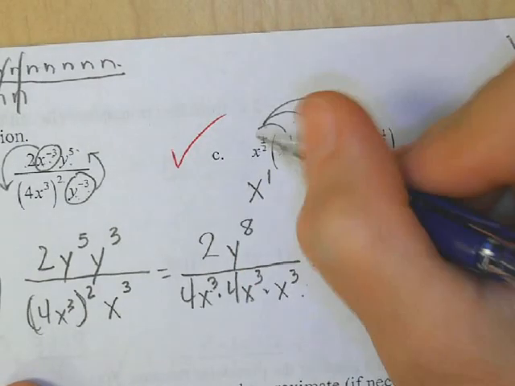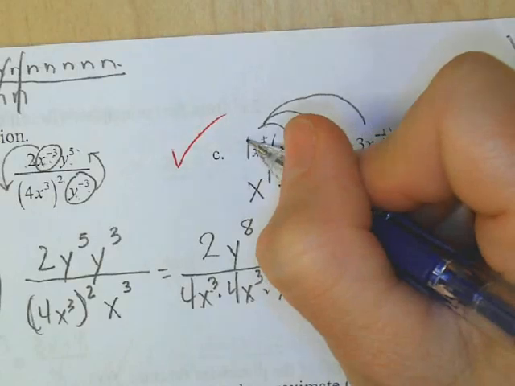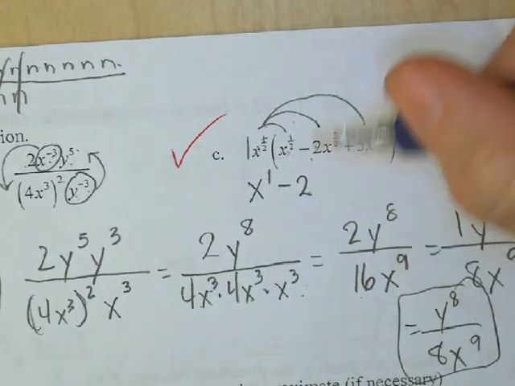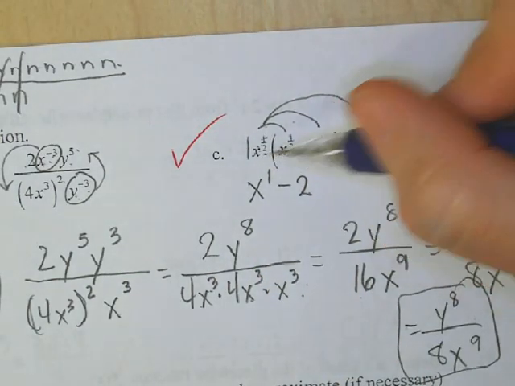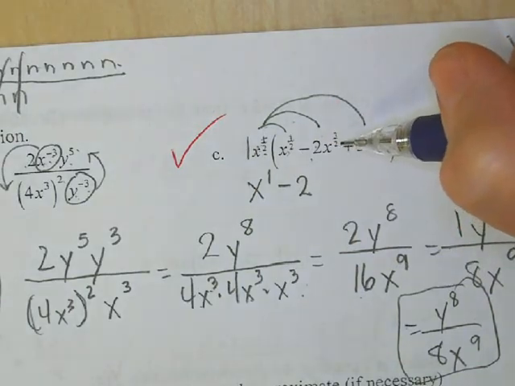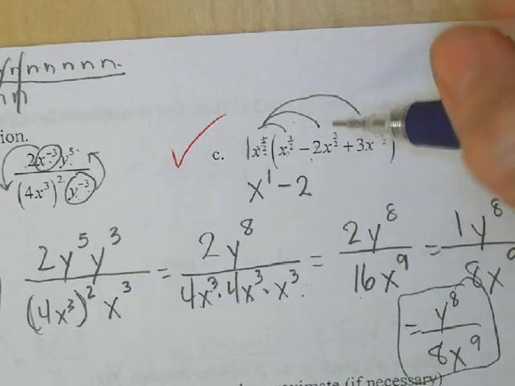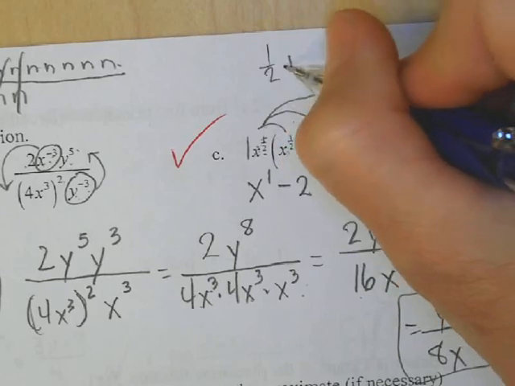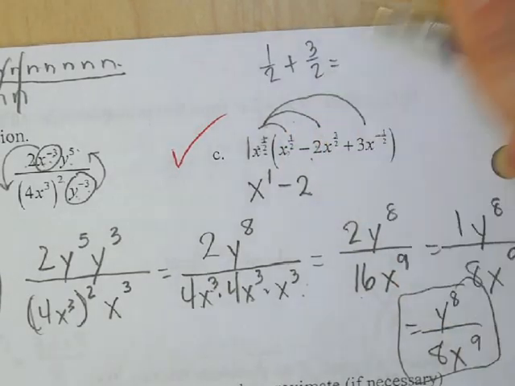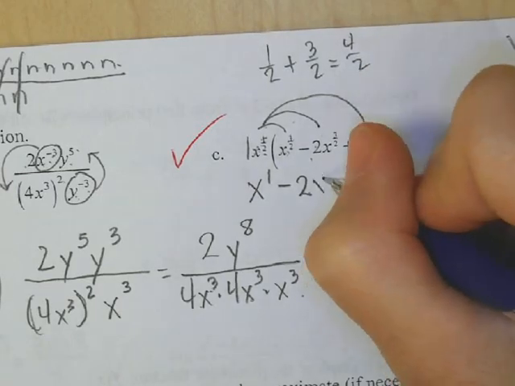The next one, I keep the coefficient, so -2, because this only has a coefficient of 1, so 1 times 2 is 2. And then I have 1/2 times 3/2. That means I add my exponents. So 1/2 plus 3/2 equals 4/2. 4 divided by 2 is 2, so that gives me x squared.